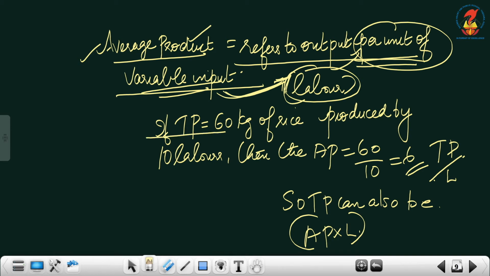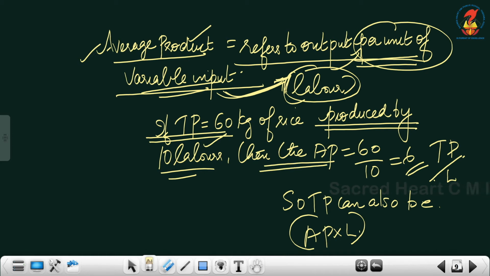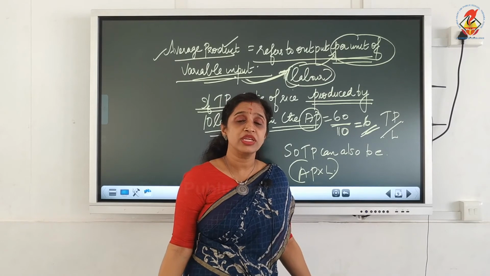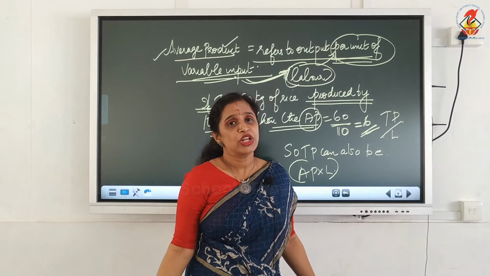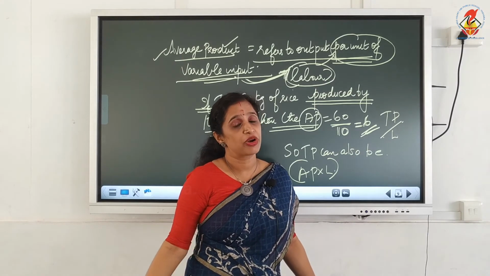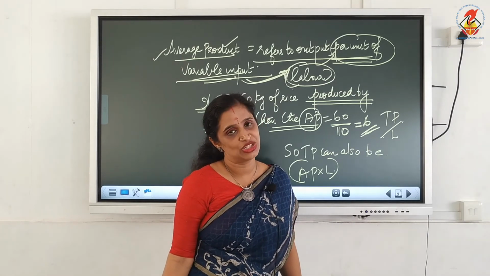For example, total product, as you already know, is 60 kg of rice, produced by how many laborers? 10 laborers. Therefore, how can you find the productivity of each laborer? That is known as average product. 60 by 10 is equal to 6. So the productivity of each laborer is 6 kg of rice.